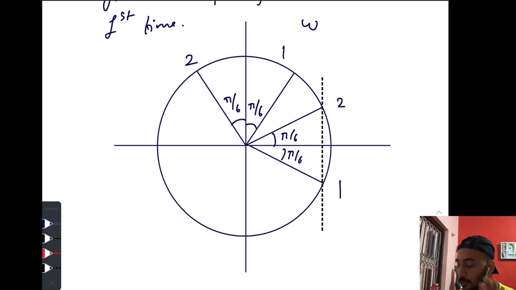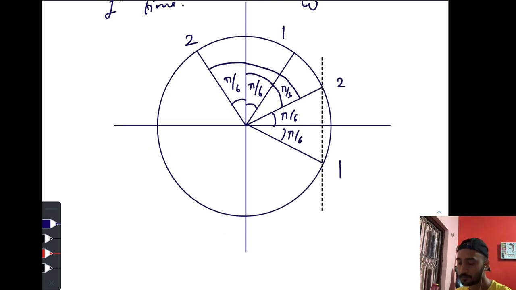So you just need to check the angular displacement of any one of the vectors, let it be 1 or 2, doesn't matter. Let us take the radial vector 2. So how to find this one? This one is pi by 6, this one is pi by 6, so the whole angle is pi by 6 plus pi by 3, because this angle is pi by 3.